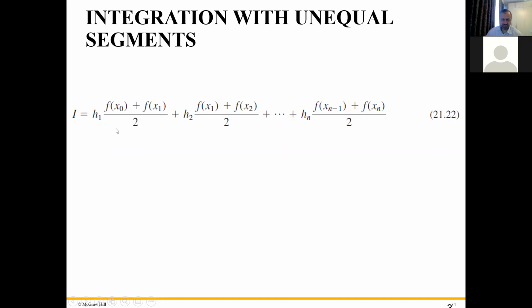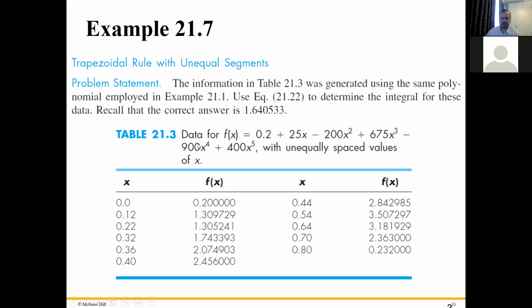For the first segment, the length of the segment will be h1, and its endpoints will be x0 and x1, and their corresponding functional values will be averaged and then multiplied with their segment length. And similarly for the other segments. So in this case, you will add the area under all those segments, and then you will get the answer. So let's see it with the help of this example.